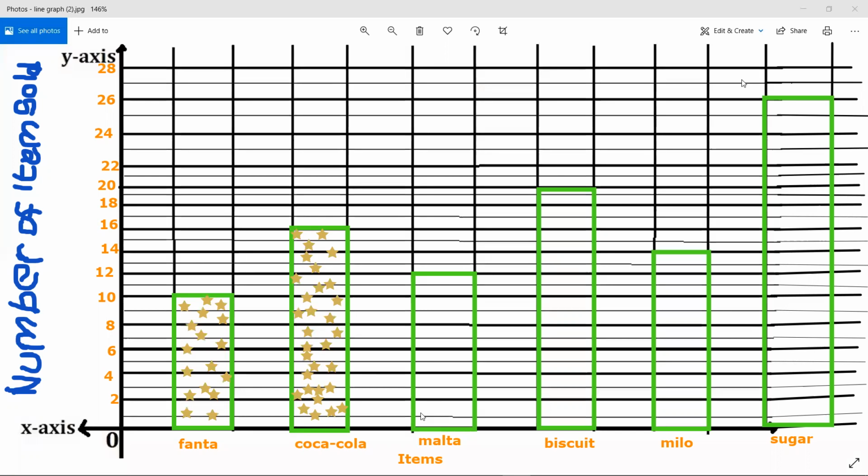Then the number of malts sold is also 12. Then the biscuits, the number of biscuits sold here is 20.